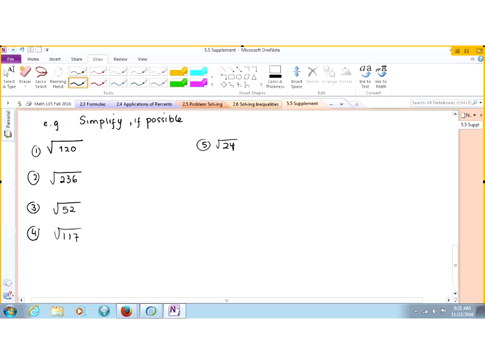Yeah, so start with the smaller ones. So square root of 24 is what? 4 times 6, yes. So then what happened to the 4? It gets out of the square root, it becomes 2. What happens to the 6? It stays under, because it's not a perfect square. Are you guys okay with this or no?